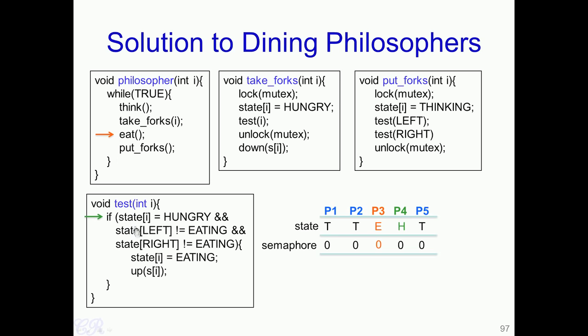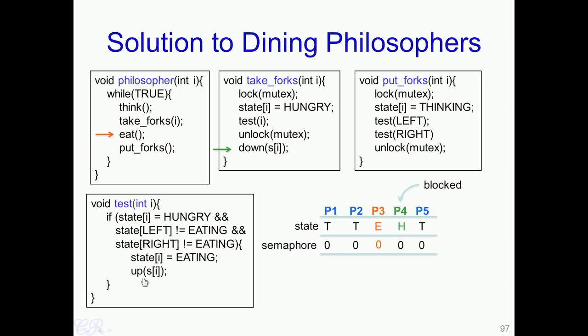In the test(i) we see that the first condition is met for philosopher 4 because P4 is indeed in the hungry state. However, the state of the left philosopher is eating. Therefore, this entire if condition evaluates to false, and execution does not enter this if, rather it just skips the if part of it.